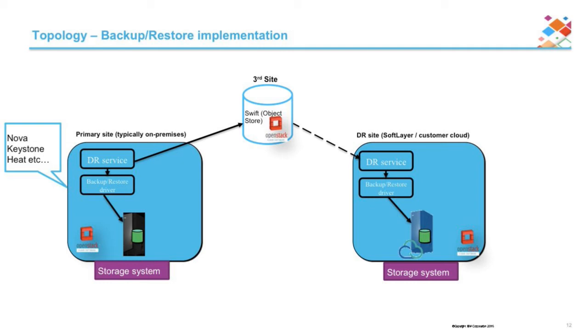In backup and restore, at this stage, we might not have the recovery site up and running. So all is in Swift, and when disaster strikes and a secondary cloud is brought up, running the disaster recovery service too, it pulls all the information from the safe.